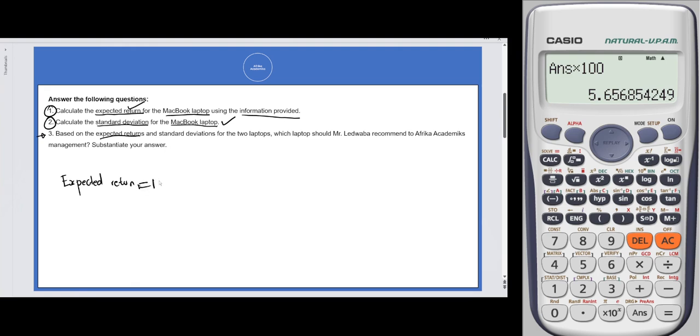Based on the expected return and standard deviation, let me not be lazy and write it in full. Standard deviation, which was 5.66%. So based on the expected returns and standard deviation for the 2 laptops, remember this is for the MacBook.